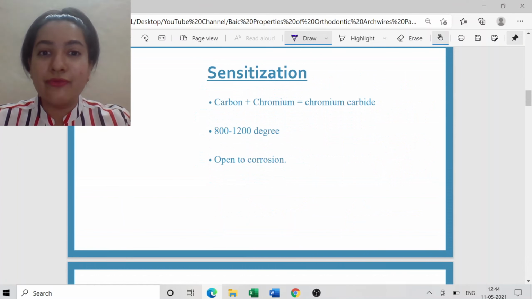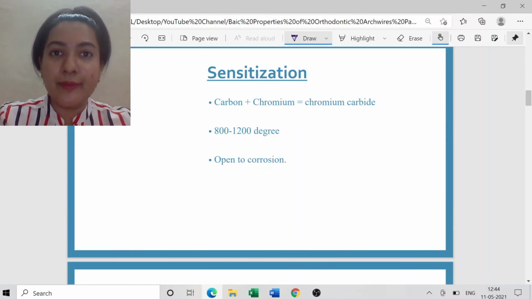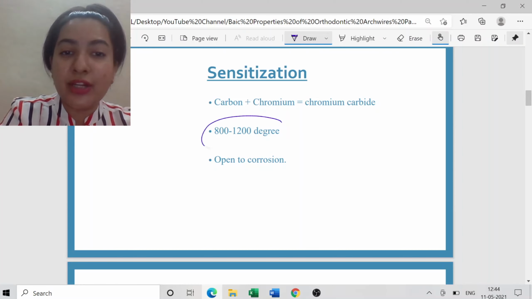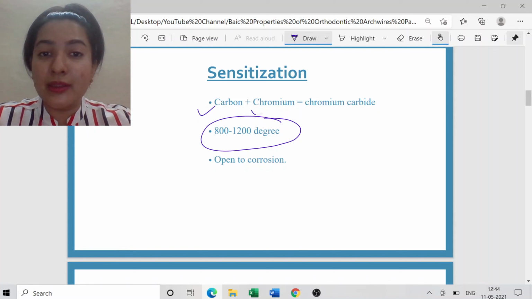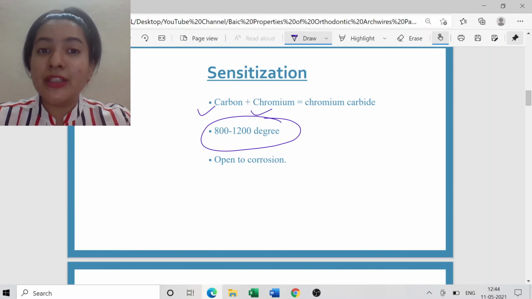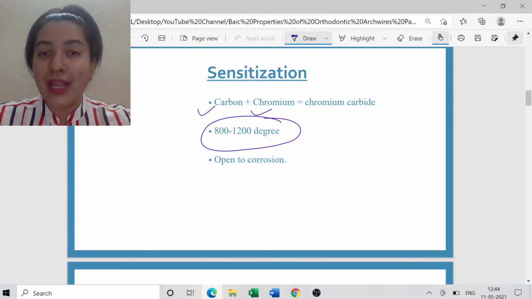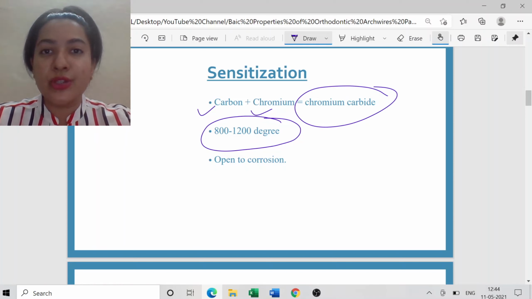So what happened when steel was heated at a temperature of 800 to 1200 degrees Celsius? The carbon and chromium, which were the two main important constituents of steel, used to react together. And what happened? Chromium carbide used to form on the surface of the wire.